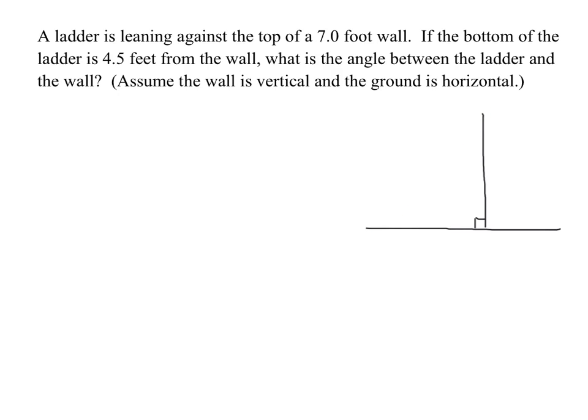So let me try and sketch in my ladder. And now I know the top of the wall is 7 feet, so I know this distance is 7 feet. And I know the bottom of the ladder is 4.5 feet from the wall, so I know this is 4.5 feet.